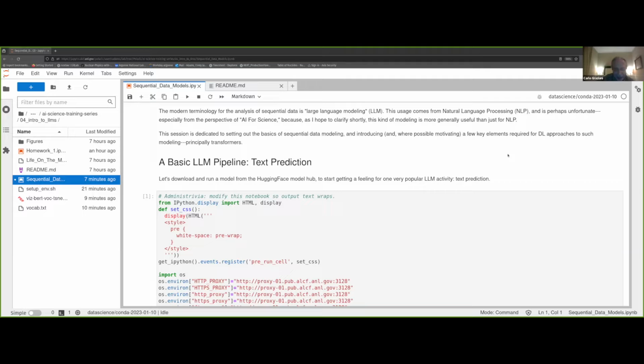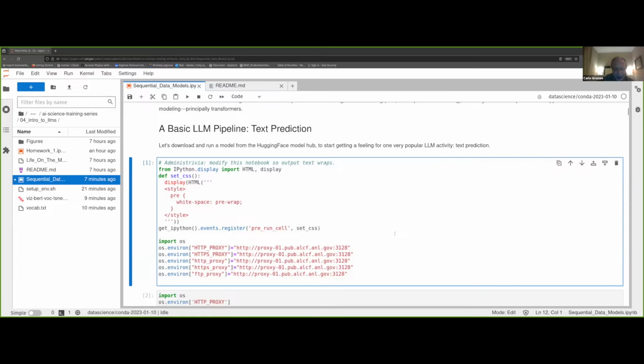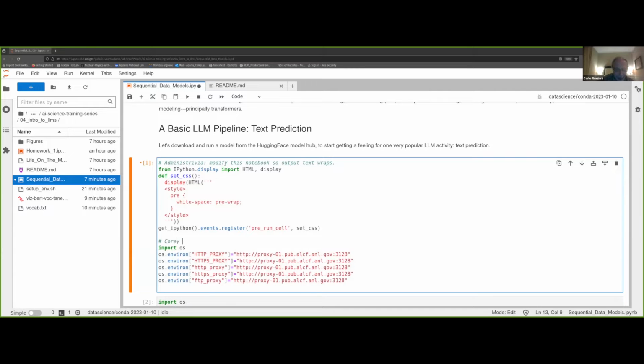In this first cell, we're going to do a little bit of setup to make sure that things look nice, and Corey is adding live some environment variables that will hopefully prevent everything from exploding, which would be bad.